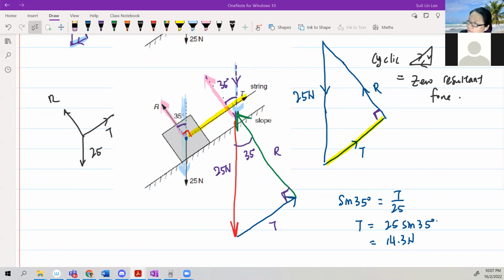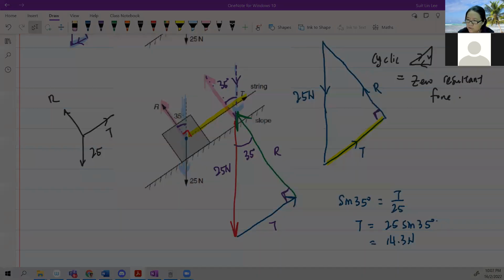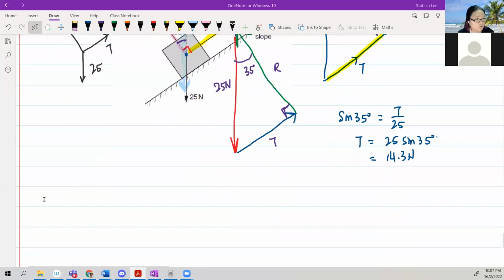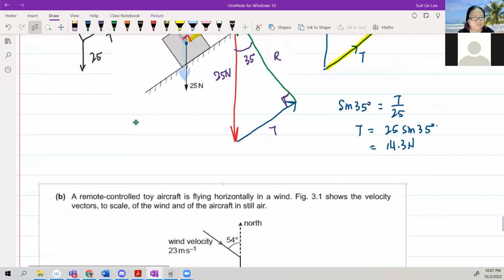All right, let's see. So we're only going to do the vector part. Of course, the question has many parts, but we're just going to focus on the vector part, which is this one. Now if you want a break, now it's time to take a break to rest the brains.